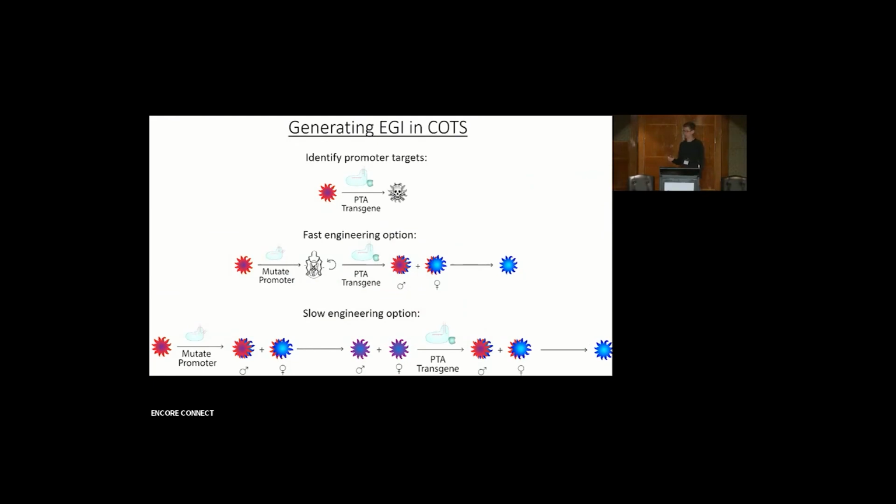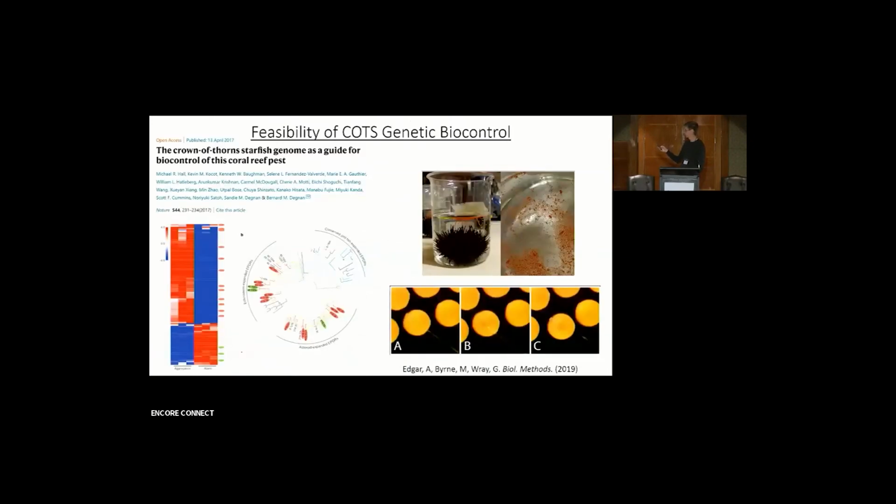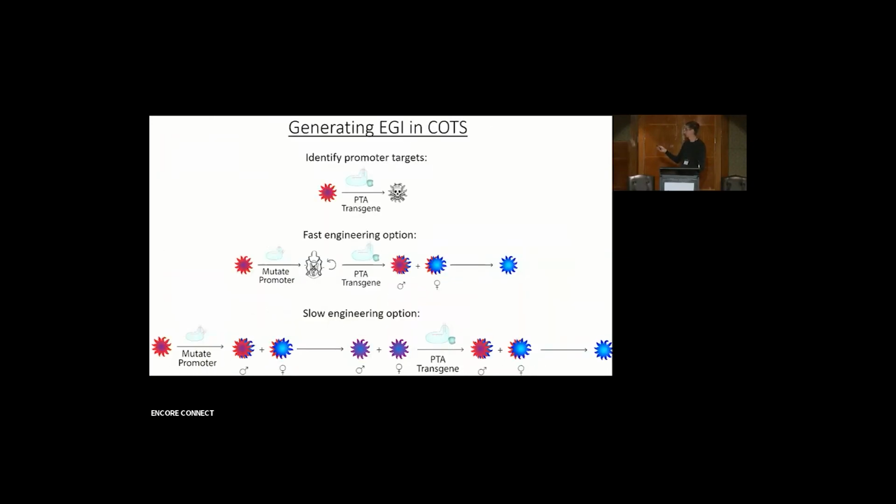So if we were to try to do something like this in crown of thorns, the first step would be to identify some of these promoter targets, and one way to do that is to try to express this activator targeting various promoters and see what survives. And then once you know what survives, there's a few different options, potentially depending on the technical challenges, where you mutate the promoter.